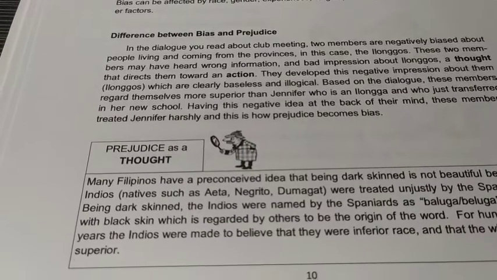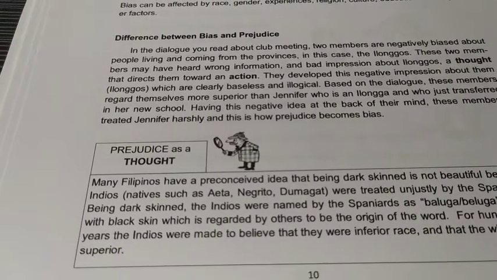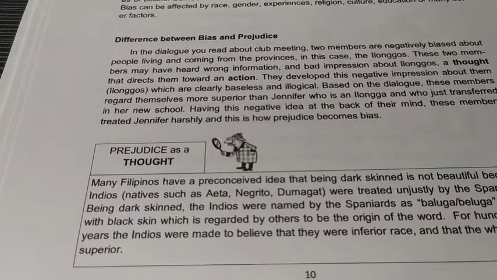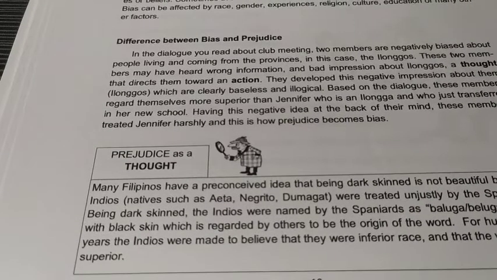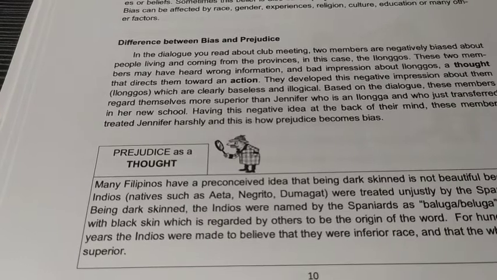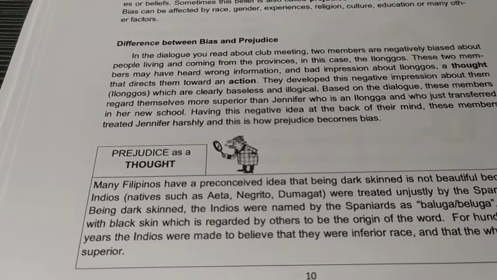But like what we have said, one thing to avoid prejudice and bias is to respect. And also one key to have respect from other people is to respect ourselves.